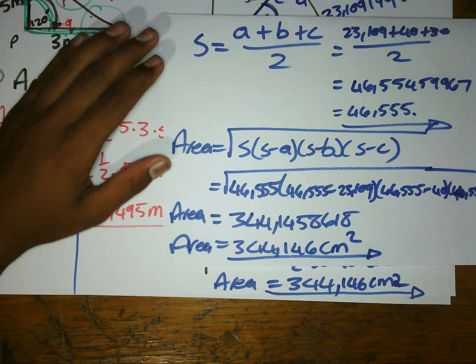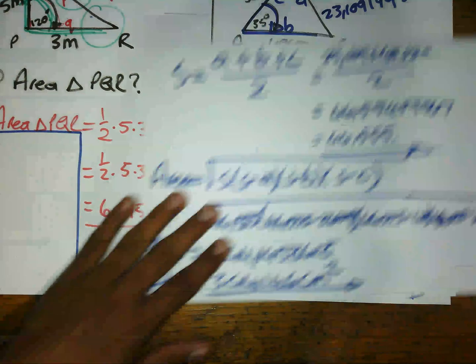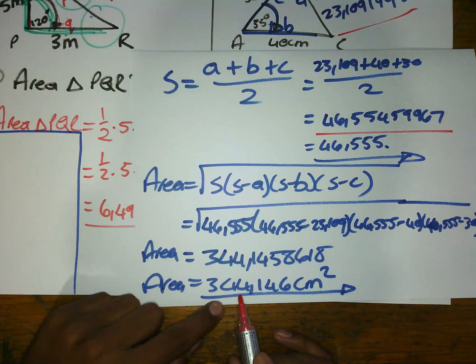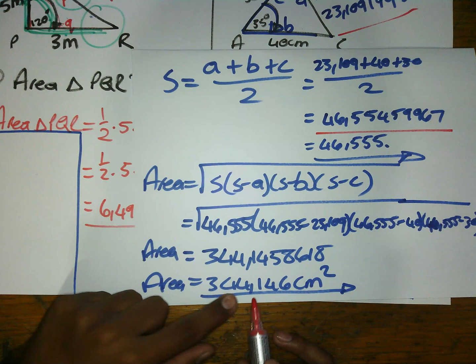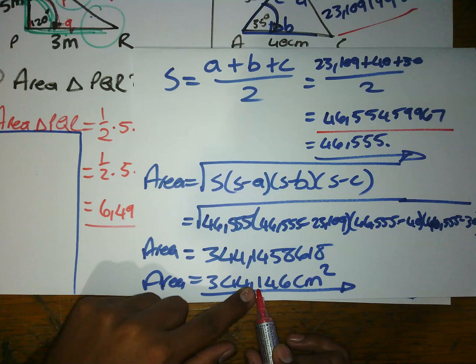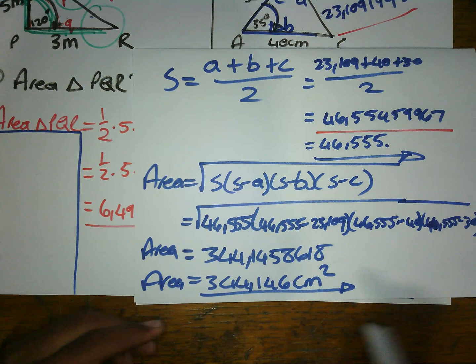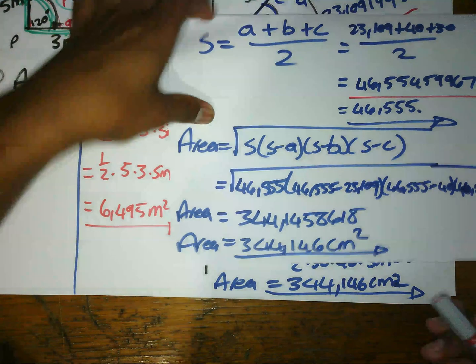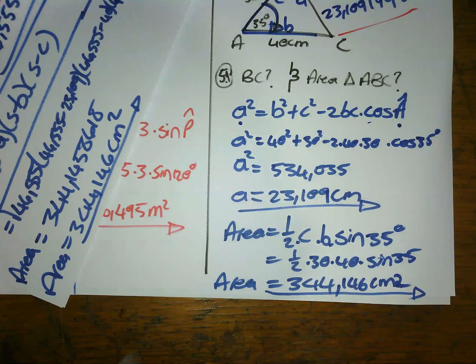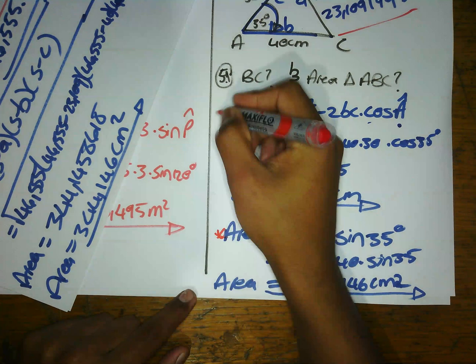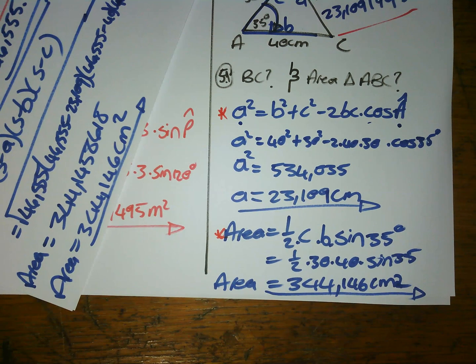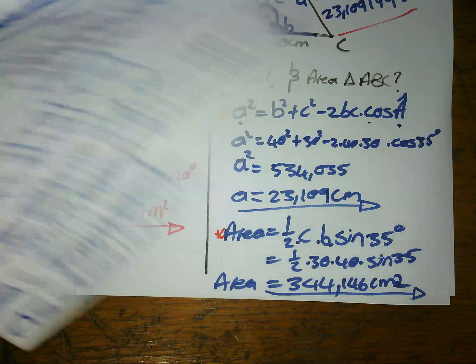If I didn't include all those decimals, you would get maybe 343, 344 point what? 0.50, for example. You won't get this full answer as you're getting here. So that just shows you that using this one here is much more accurate than this one over here.